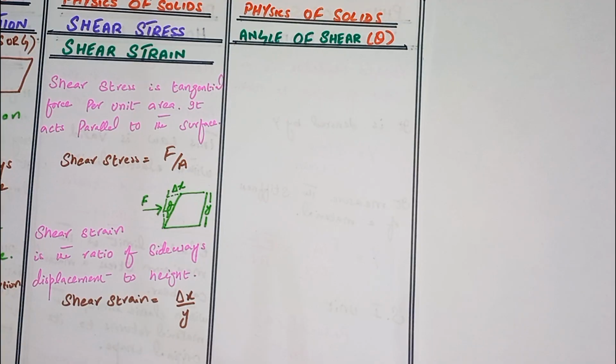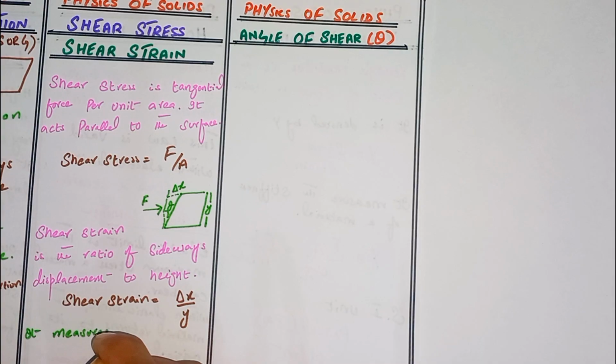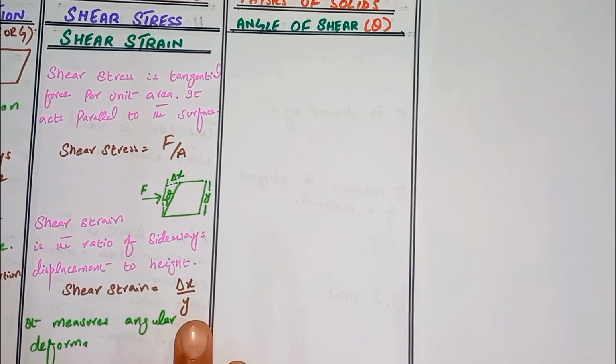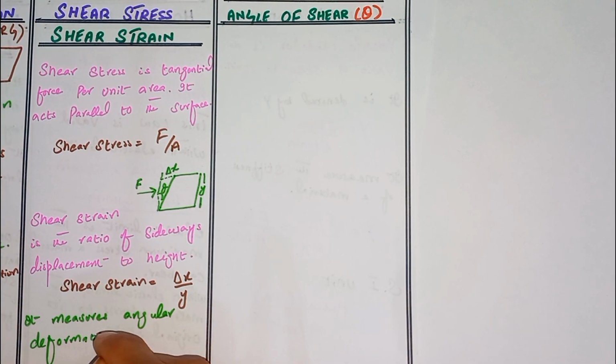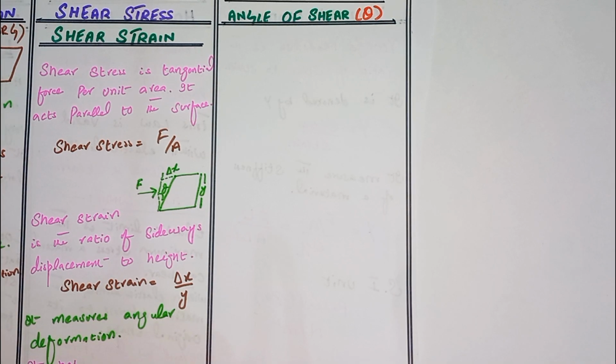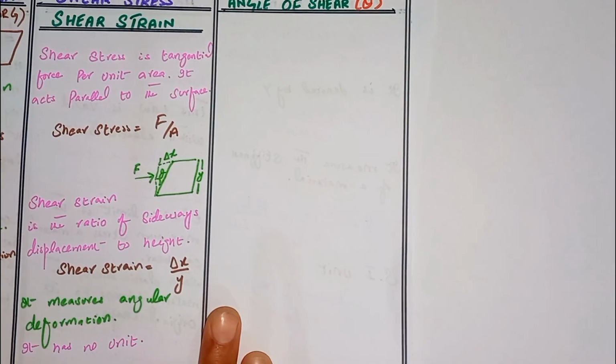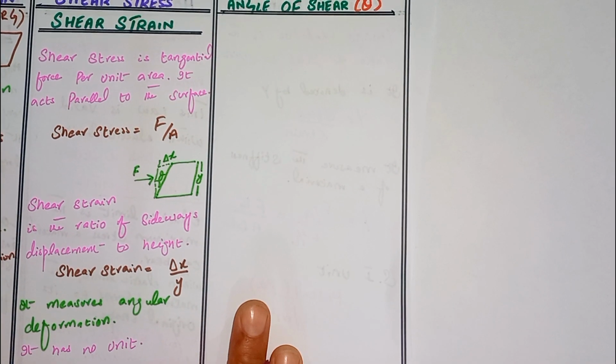It measures the angular deformation, how much angular deformation is produced. It has no unit. That is all we discuss about the shear strain.